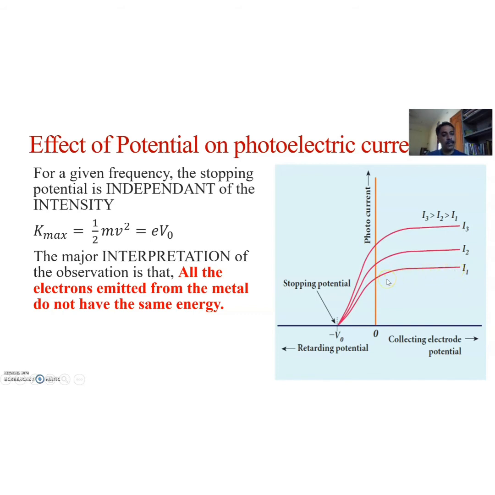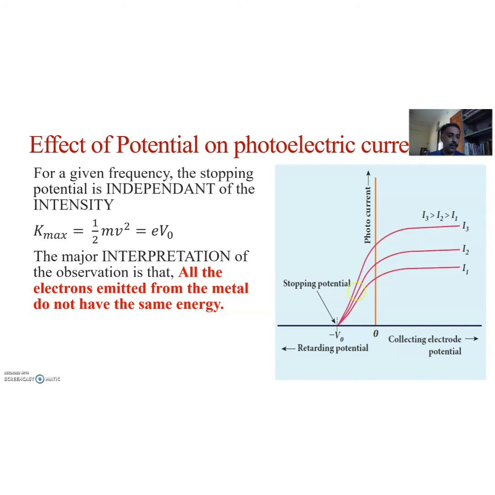Now what they did is they reduced the potential. They tried to increase the negative values of the plate, right? They reduced the positive potential of A, and as a result, what happened? The current decreased, because when the anode becomes more and more negative, the electrons from the cathode are repelled.